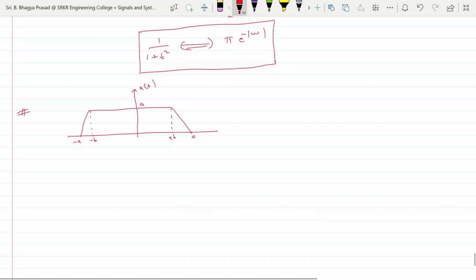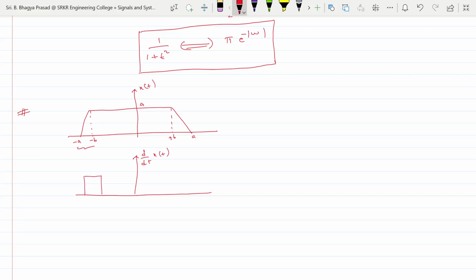You can perform this the traditional way, but I will go for differentiation. So d by dt of x of t: from minus a to minus b the value changes, which we represent with a slope, that is a pulse.